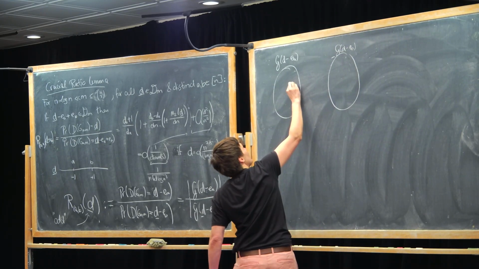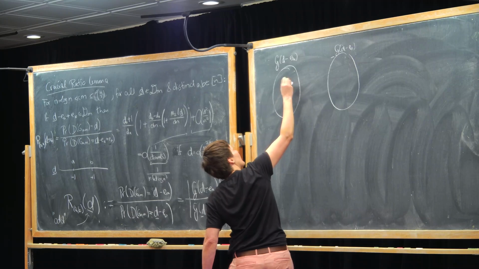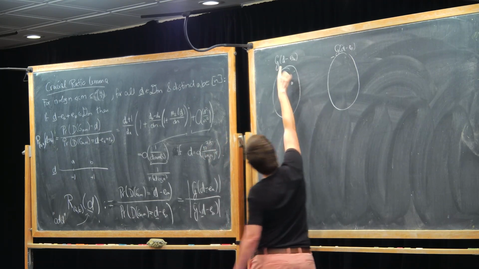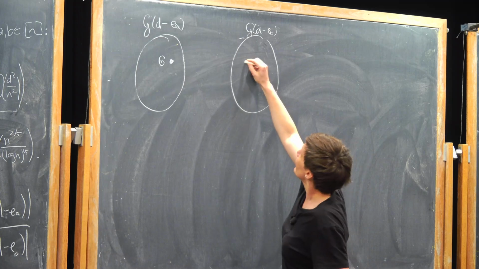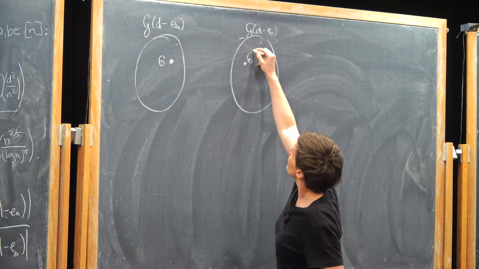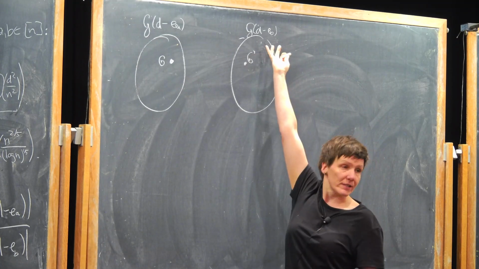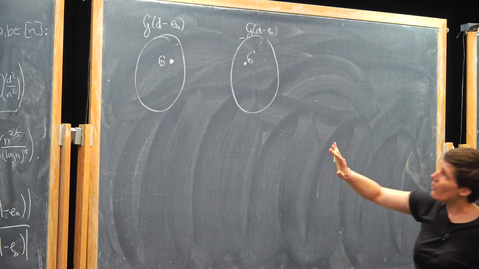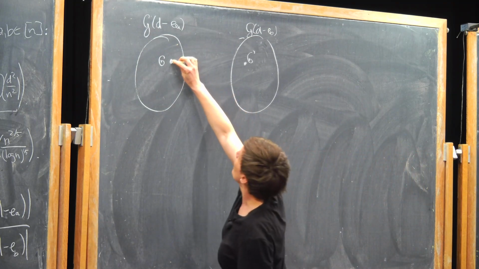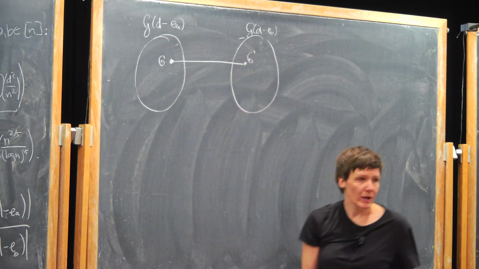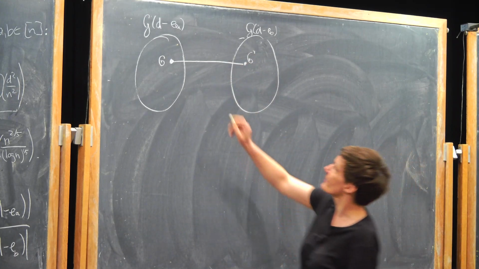And so the vertices on this side are graphs G with degree sequence D minus EA. And then here I see graphs G prime with degree sequence D minus EB. How do I form this auxiliary bipartite graph? When would I put an edge? And I indicated that yesterday.